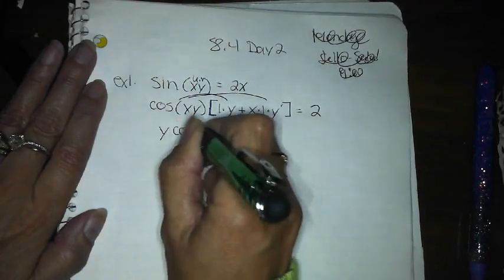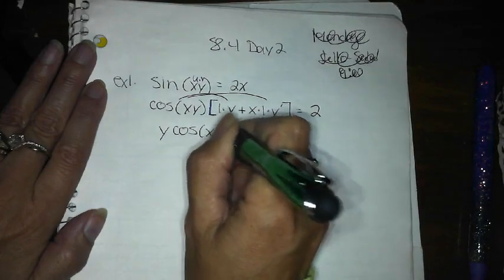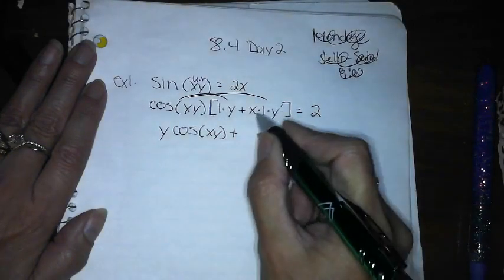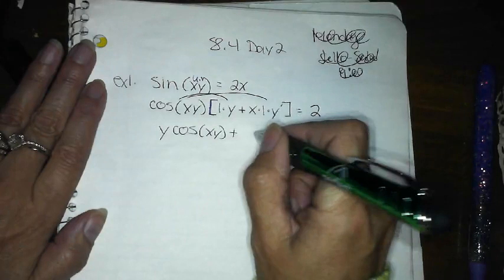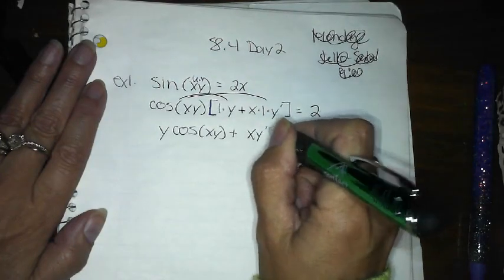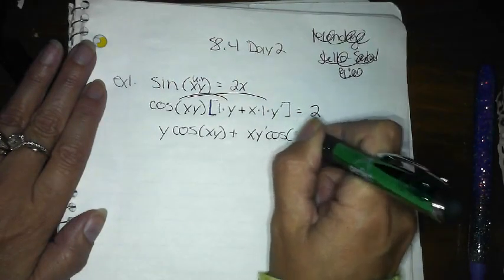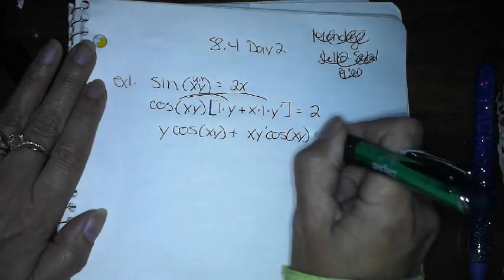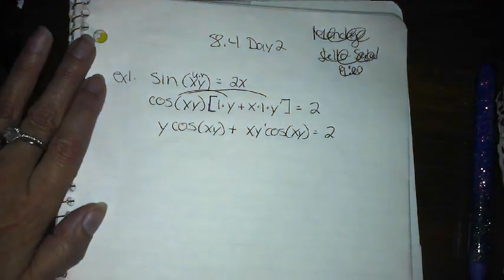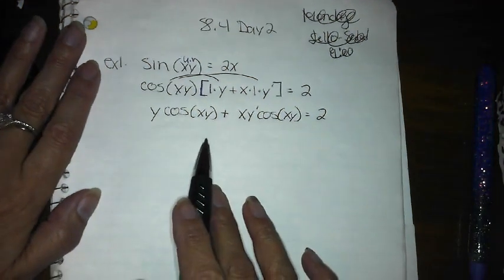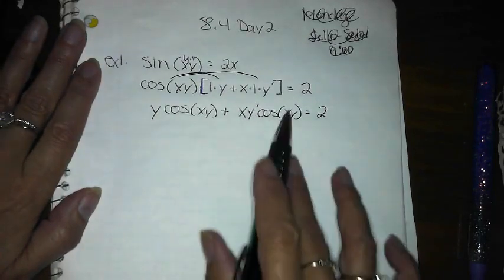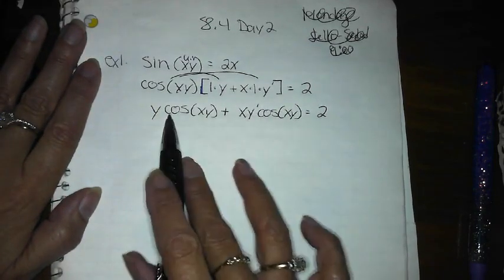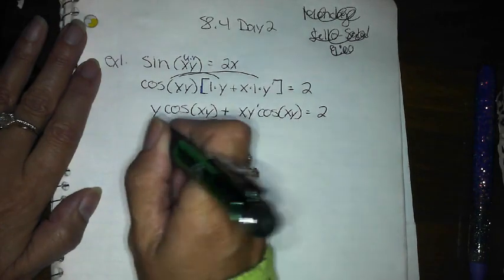Y times the cosine of xy plus, I have an x, y prime, that's going to come to the front, times the cosine of xy equals 2. Okay, now we isolate the y prime terms. There's only one of them, so I'm going to leave this one here. I'm going to subtract this one to the other side.